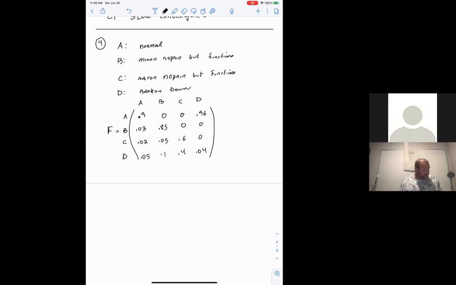And this represents the probabilities of the car transitioning from one state to another after a period of a month.